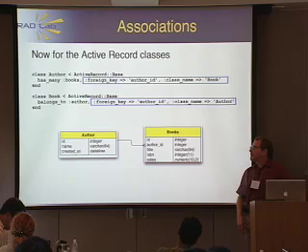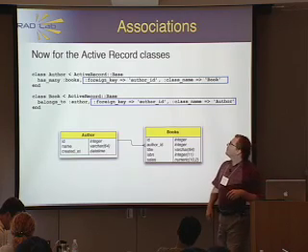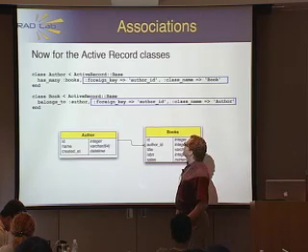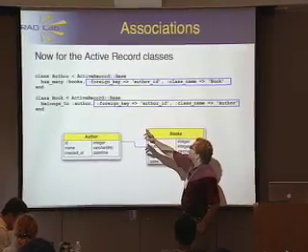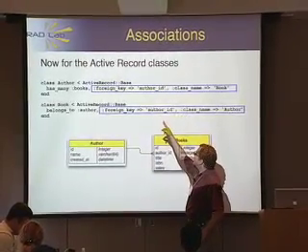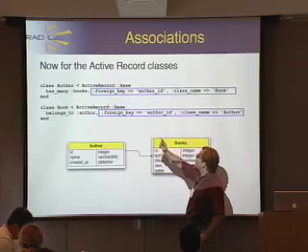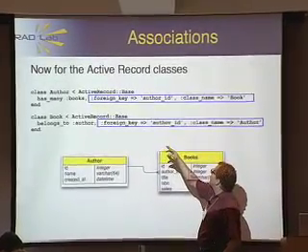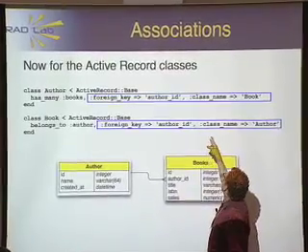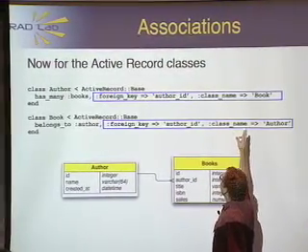Now we're going to create the model classes. And I'm not going to go into too much of the code, but basically this is all you have to do. So in the class author, I want to show you something here. We have a has many. We have many books. The foreign key for this thing is the author ID. The class name is book.